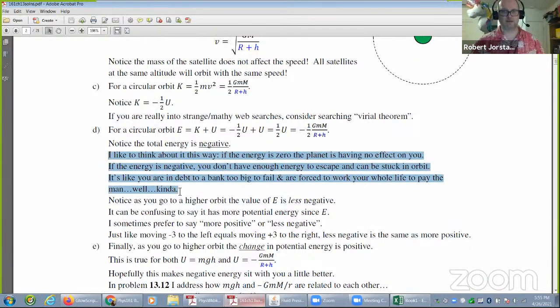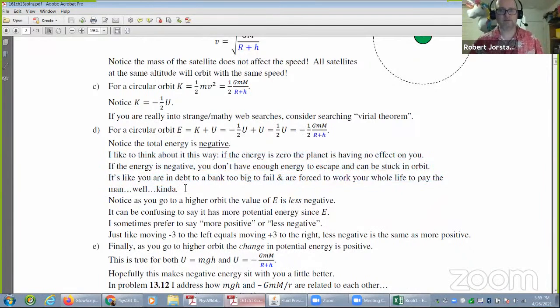Here's another way to think about this. If the energy is 0, the planet is having no effect on you. If the energy is negative, you don't have enough energy to escape it and you're stuck in orbit. And I must have written this when all those banks were too big to fail.